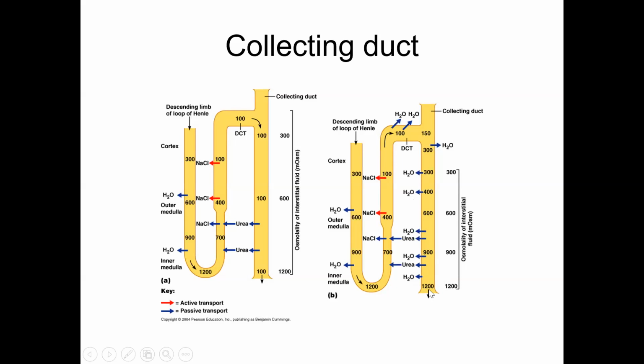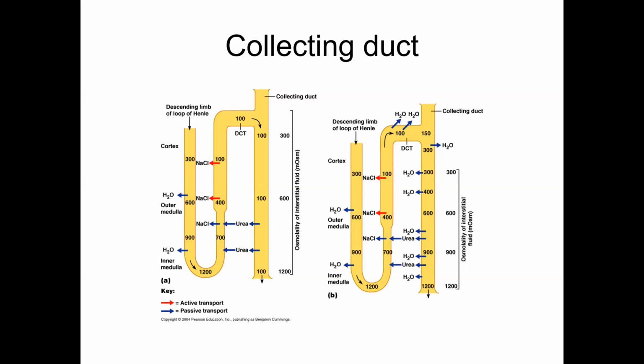So the collecting ducts and the distal convoluted tubule are the two areas for hormone regulation. If you remember the antidiuretic hormone, its function is to increase water reabsorption by increasing the water channels. All right, so the target site is the collecting duct and DCT.